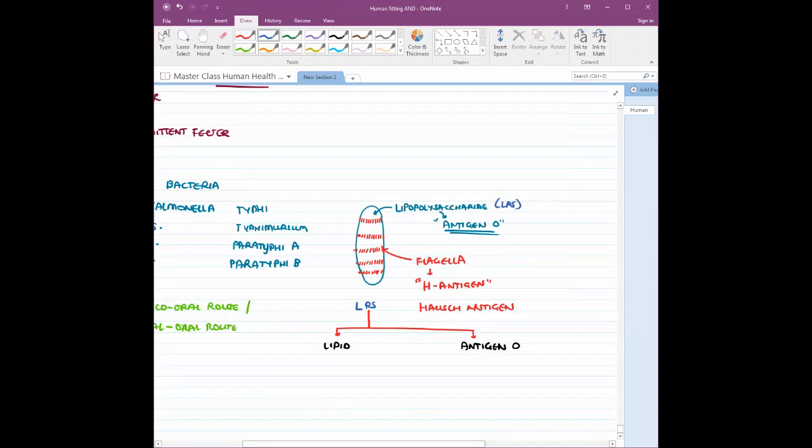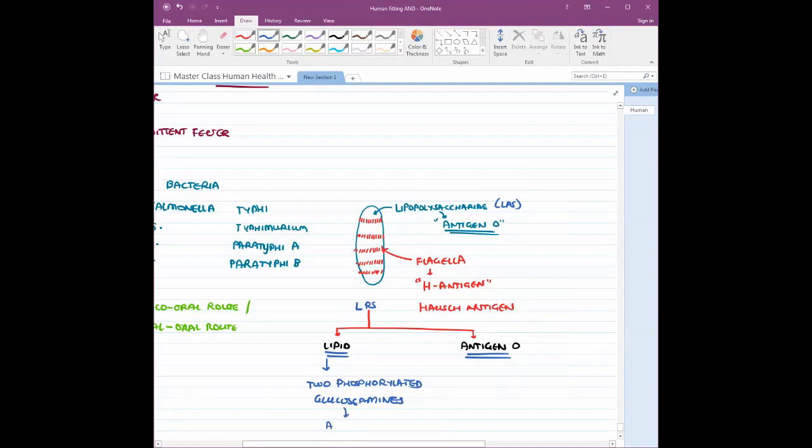So LPS, as I said, consists of lipids and antigen O. But what is this lipid actually? You are going to see, guys, there are two phosphorylated glucosamines.